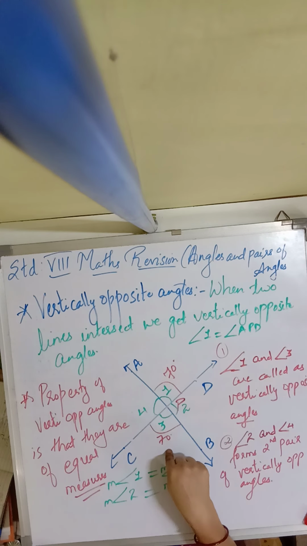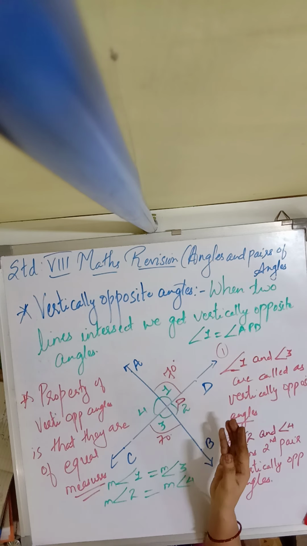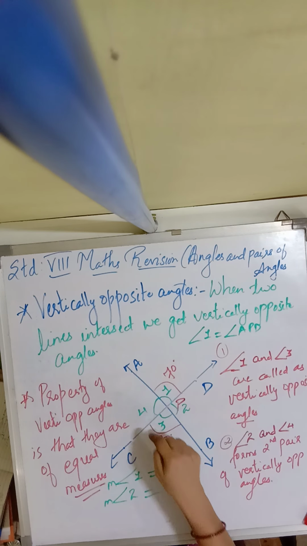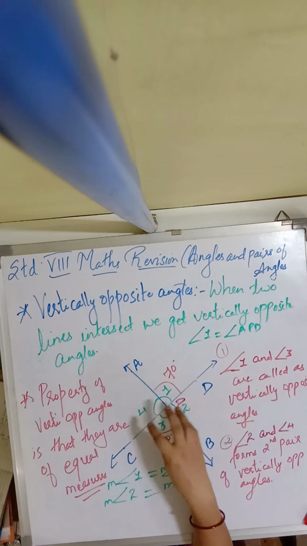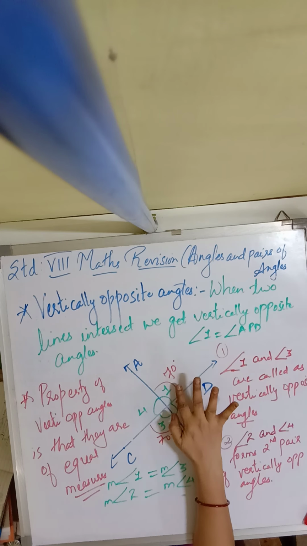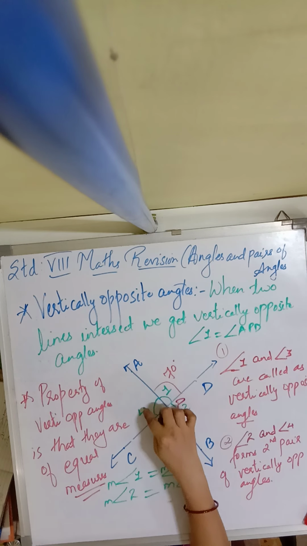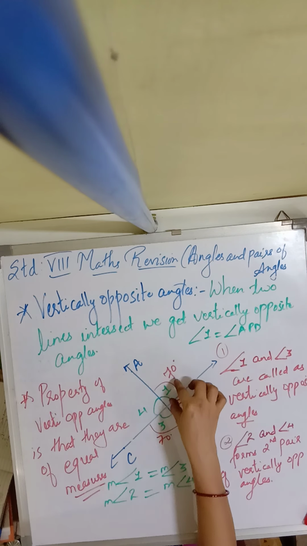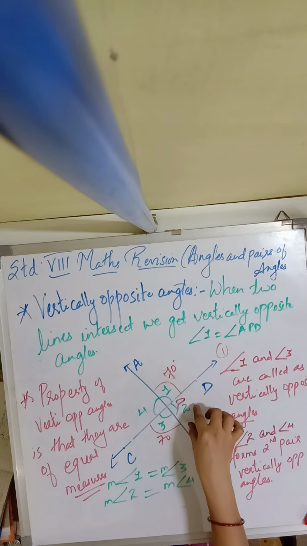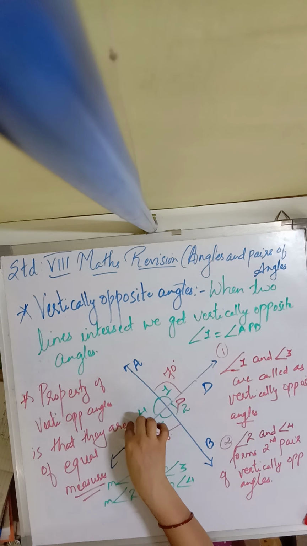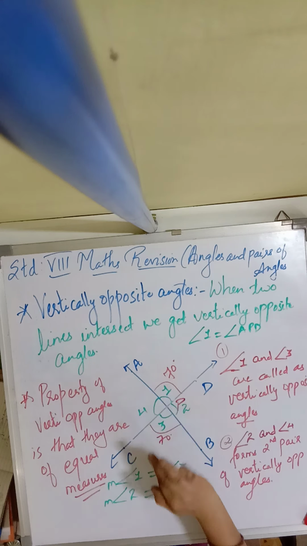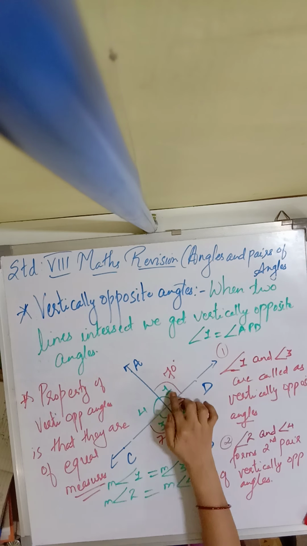But suppose you come across a question asking what will be the measure of angle 2 and angle 4. That means when this type of question comes, you will be given the measure of only one angle, children, and you are supposed to find the measure of the other three angles. In that case children, first of all you will see which angle is vertically opposite to it, that will be equal.